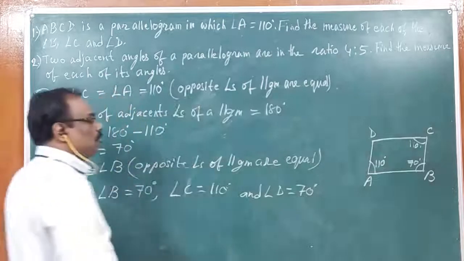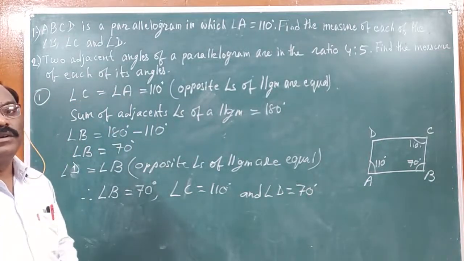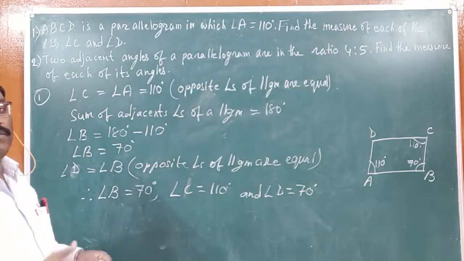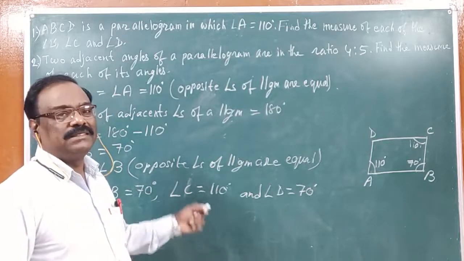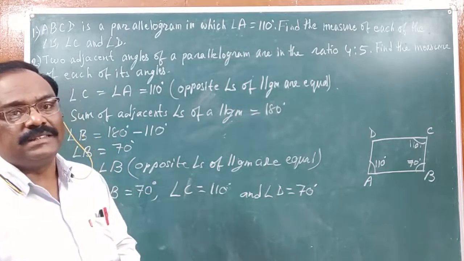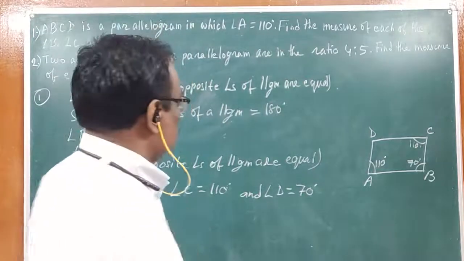So we have found all the remaining angles. This was the answer of the first one. Simple, we have to follow the two reasons: opposite angles and sum of the adjacent angles. Now let us see the second one.